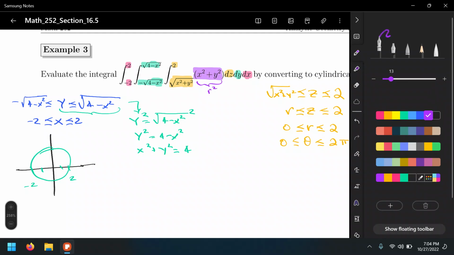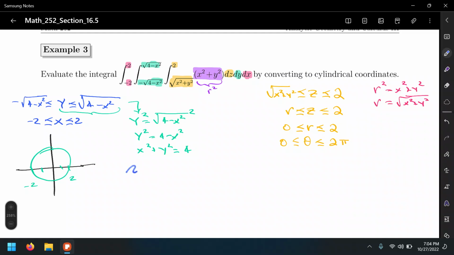So we have the triple integral of r squared. Now, what is dz dy dx going to become in cylindrical coordinates? r dr d theta, and dz, because z remains the same.